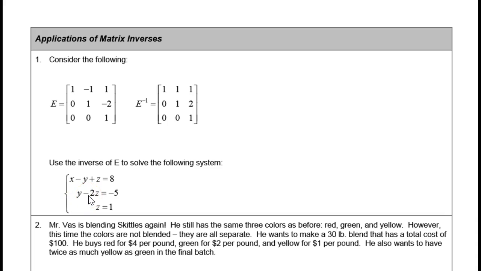So what on earth can we use this for? Well, this system of equations right here is going to be very similar to the following: matrix E times matrix X equals matrix B. I showed you something like that on the front side of the paper, and now I'm going to show you how to do an application of matrix inverses.